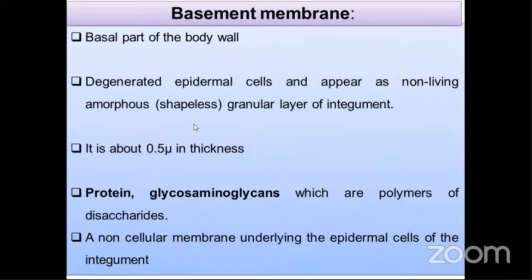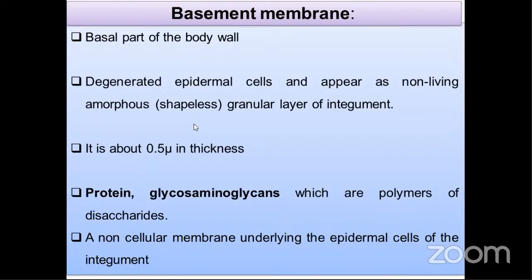The basement membrane is the basal part of the body wall, formed from degenerated epidermis cells. At the time of molting, some epidermis cells degenerate, and from them the basement membrane forms.